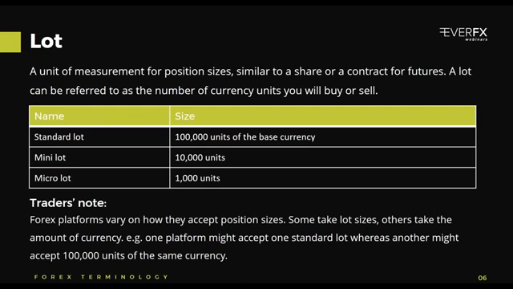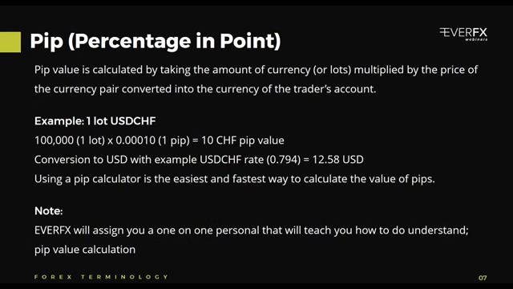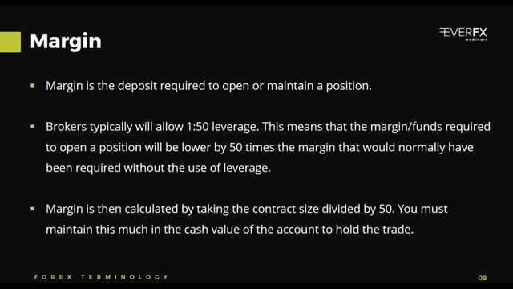Now, at the end of the day, if you want to open a micro position like we see here, 1,000 units, and you've got 1 to 100 leverage, that's about $10 input on that trade. Now, for that value, what are you getting in return? That's where the pip comes in. Now we're over in margin. Margin is the deposit required to open or maintain a position, just like we did here.